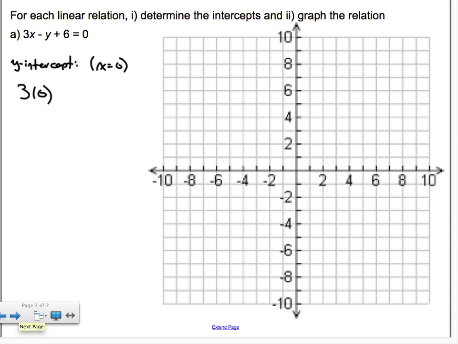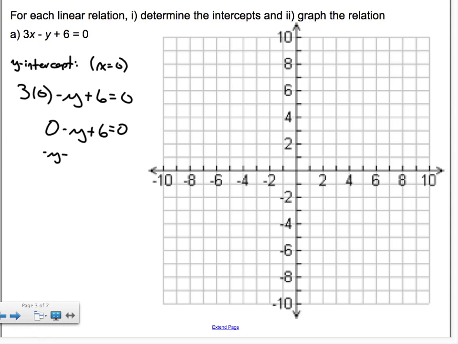So 3 times 0 minus y plus 6 is equal to 0. In other words, we're just plugging x equals 0 into our equation. It's like our independent value, and now we want to find the result. So what's the value of y here? Well, 3 times 0, as Matt said, is 0, minus y plus 6 is equal to 0. Now we want to isolate for y, so I want to add y to both sides.